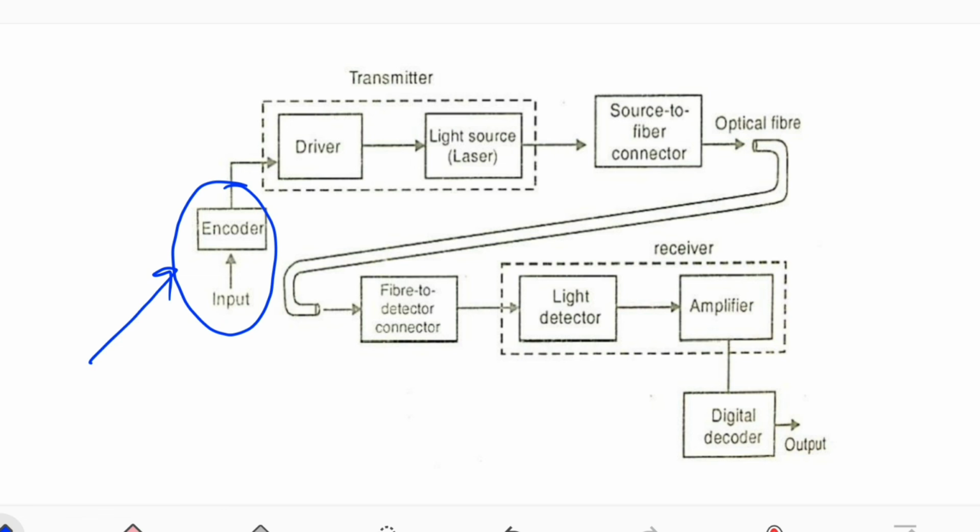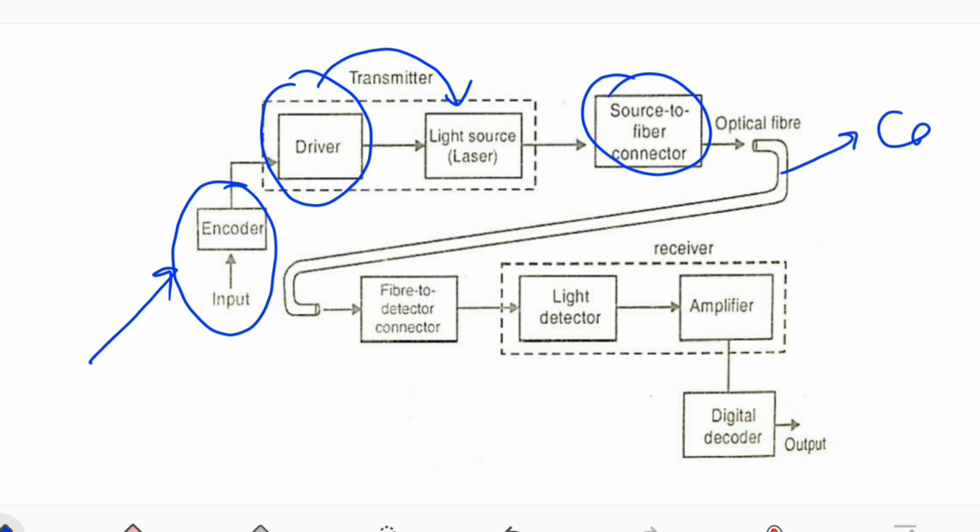And here is the modulator or a driver which modulates the signal by means of any message signal or any input. And here is the light source, which is generally a laser in case of an optical source. We use laser as well as LED, but majorly laser is used. Here is one source to fiber connector, and here is our optical fiber cable.